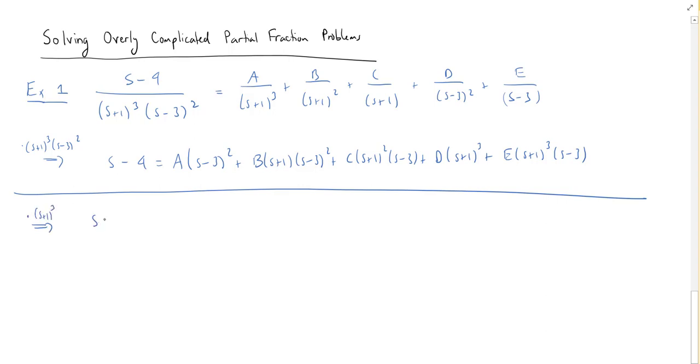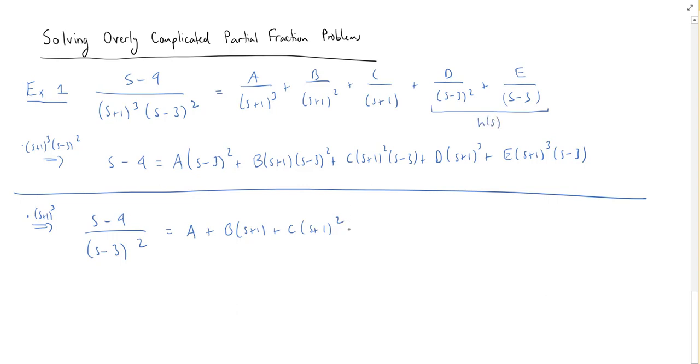Then I would have s minus 4 over, well, I don't get rid of this (s minus 3) squared. And on the right-hand side, I'm going to have A plus B times (s plus 1) plus C times (s plus 1) squared. And then, let me just play a little game here. I'm just going to call this bit h of s.